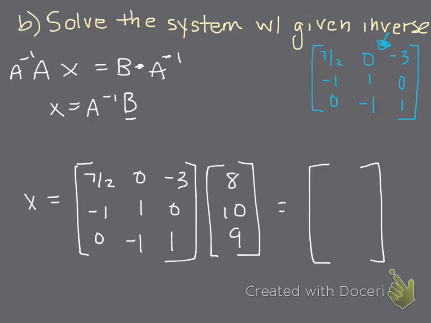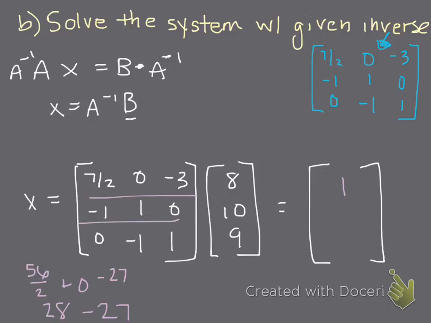When I do that top row, I have 7/2 times 8, and I'm going to do my scratch work off to the side. So 7/2 times 8 will become 56/2 plus 0, and then minus 27. Now I have to get common denominators. Or actually, no, 56 divided by 2 is divisible. Half of 56 is 28, minus the 27. So in the top spot, I get 1.